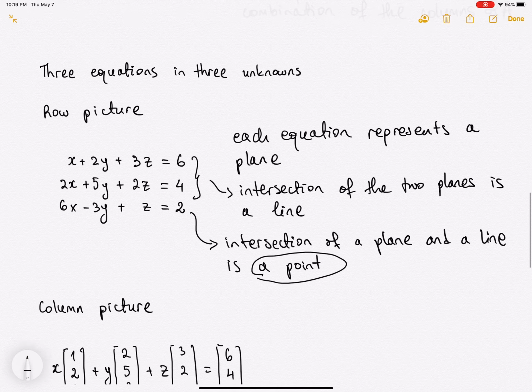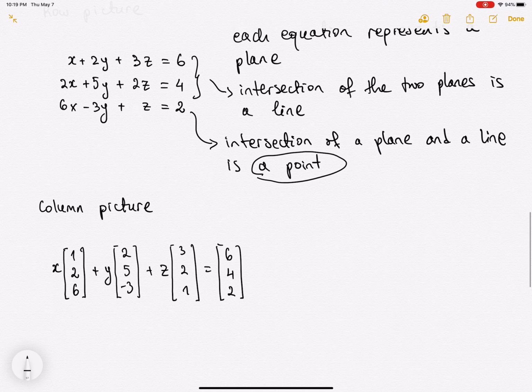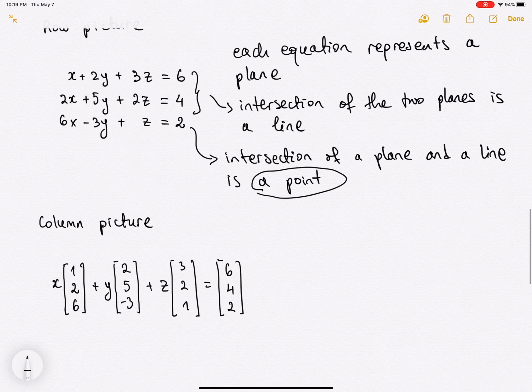In the column picture, on the other hand, we are looking for the same thing: a combination of the three columns, (1, 2, 6), (2, 5, -3), (3, 2, 1), to give us (6, 4, 2). In case you're confused as to how I'm getting these columns: the numbers 1, 2, 6 that multiply x are just the coefficients of x in the three equations.